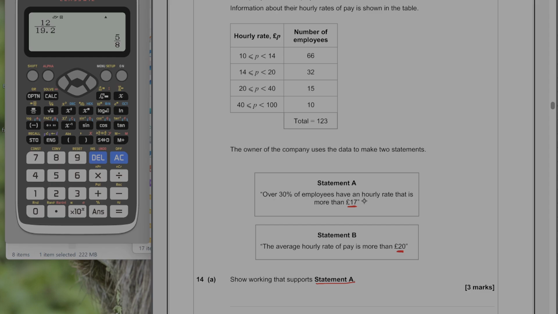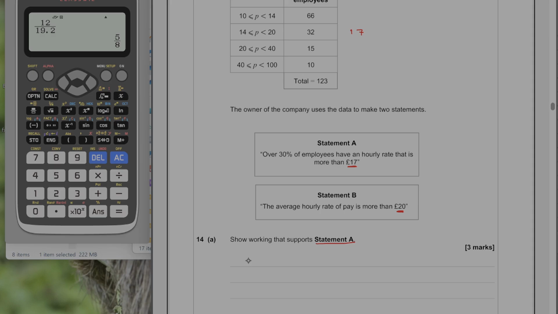Over 30%. Okay, so I'm going to look at an estimate for the number that are less than £17 first of all. If I look at midpoints of these groups, just because it works out nicely, the midpoint of that group is 17. So in effect, that's going to be half of this group. So 32 divided by 2 is equal to 16.